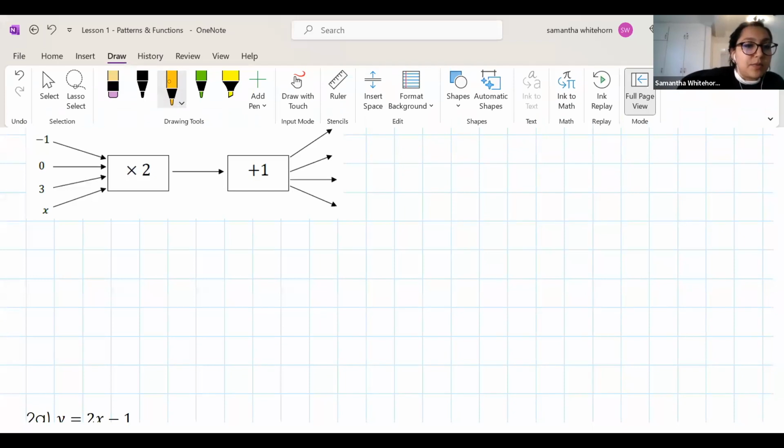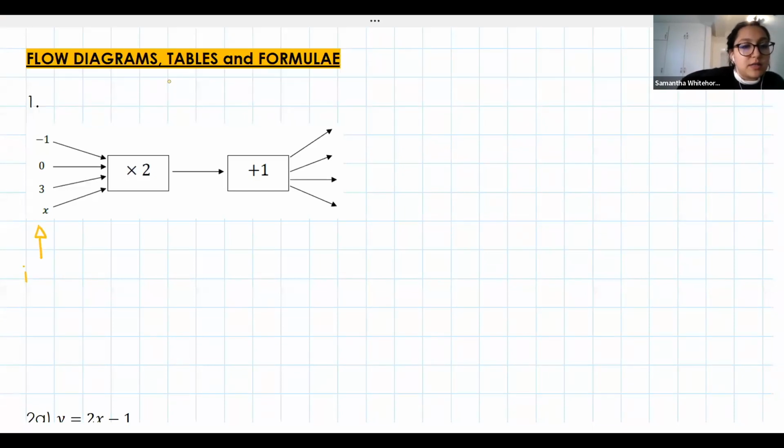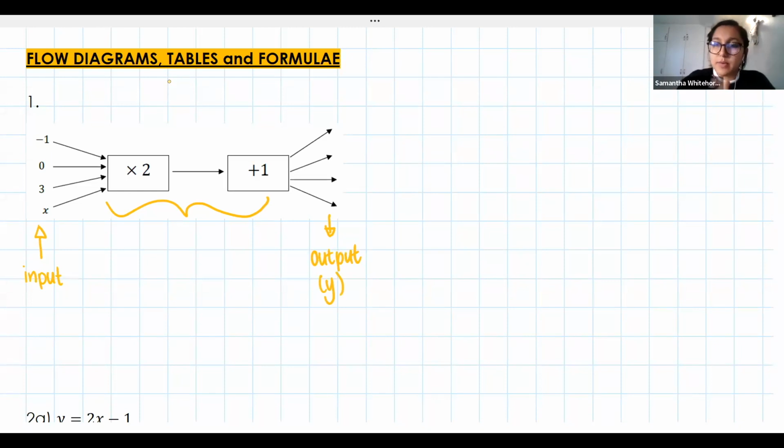What happens is we put values into our machine. This is why these are called input values. We do a whole bunch of stuff to those input values, and we end up with an output. Now, the output we represent with the variable y, and this is why when we start to write down formulas, we use x and y.